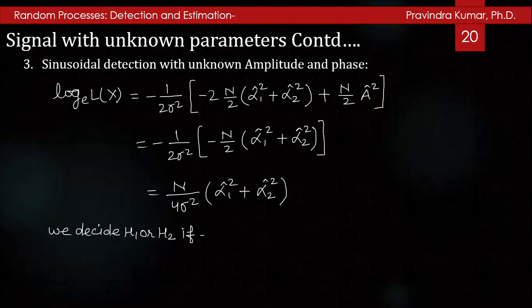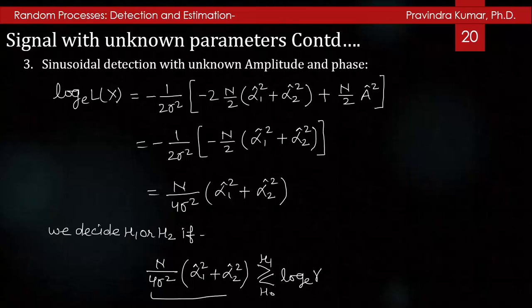So we decide H1 or H0 based on this log likelihood function, N by 4 sigma square into (alpha 1 cap square plus alpha 2 cap square), which we have calculated here, and it is greater than or less than log e gamma.